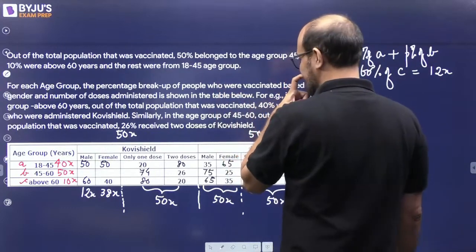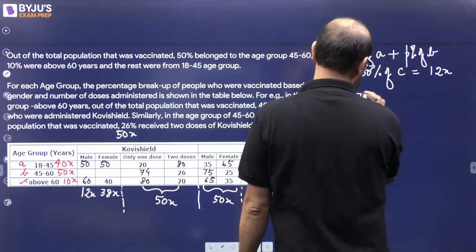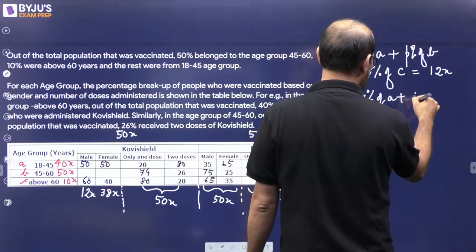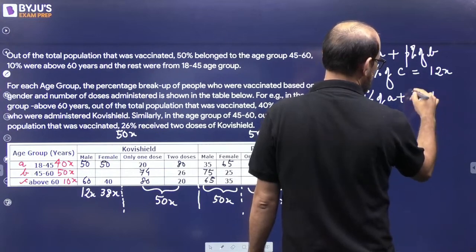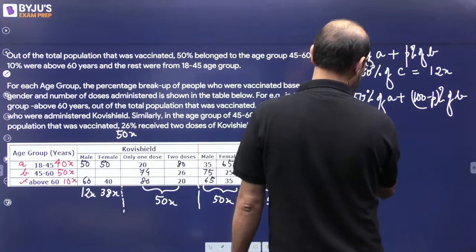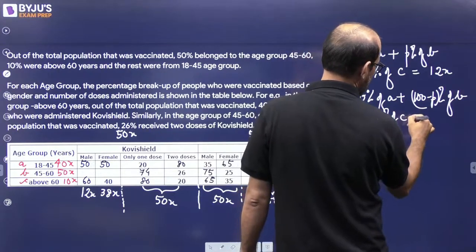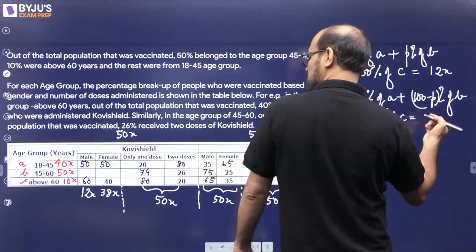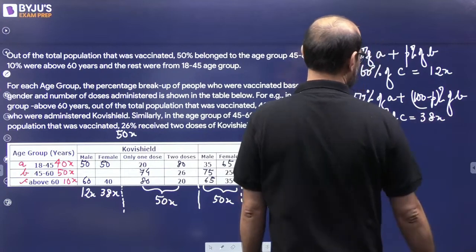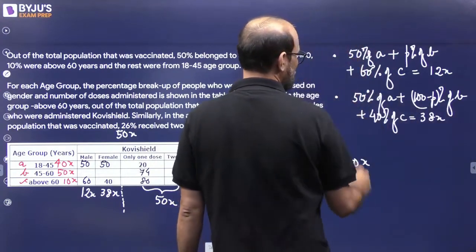If we take the female category, we will have 50% of A people plus 100 minus P percentage of B people plus 40% of C people, that is about the females who were administered Covishield. This is going to be 38x. So these are the two equations we have from Covishield.